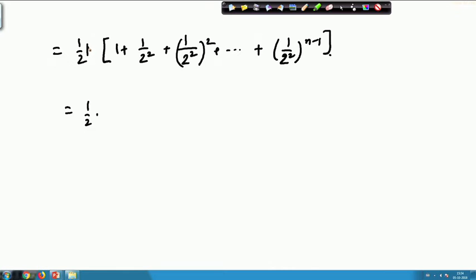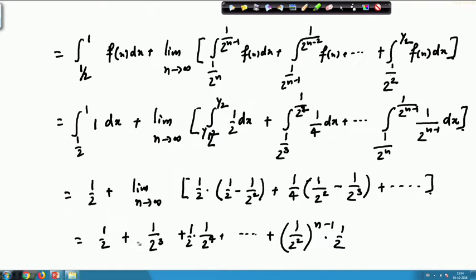Here our limit is missing, so limit n goes to infinity.